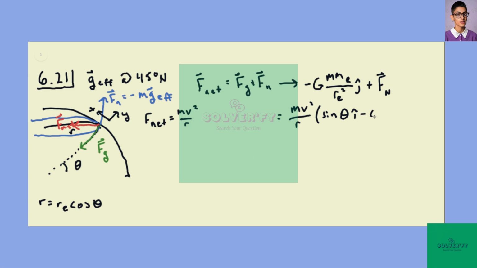Negative cosine theta j hat. Because the y component is going to be negative.